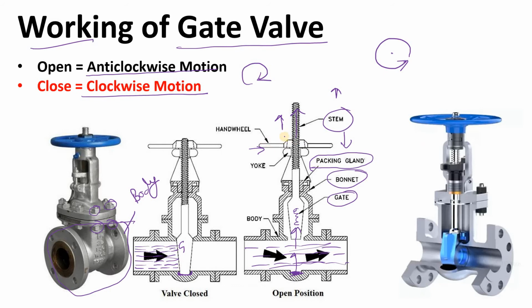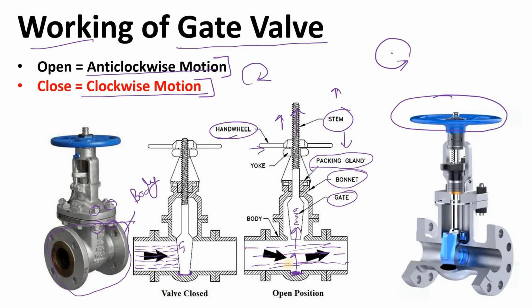What you have to do is rotate this hand wheel. When you rotate this, due to the thread, this stem will go upward and downward. By applying the anti-clockwise motion and the clockwise motion, only by that can you operate the valve, or the gate valve.